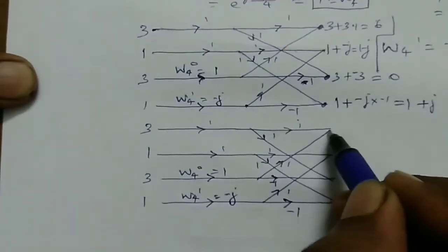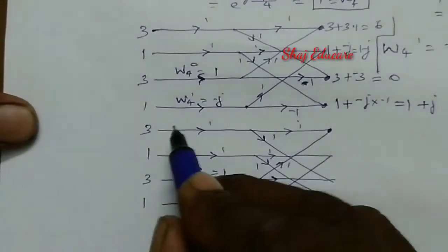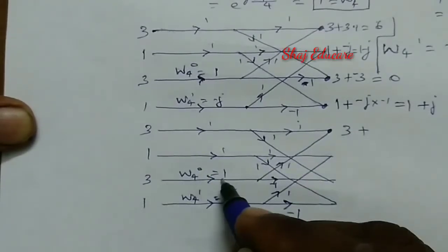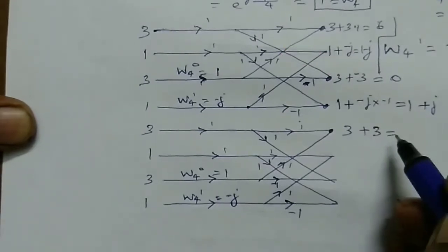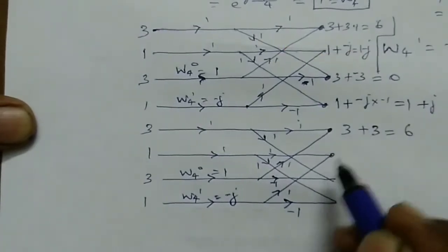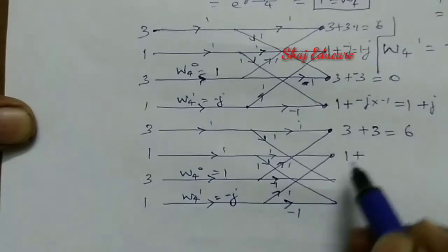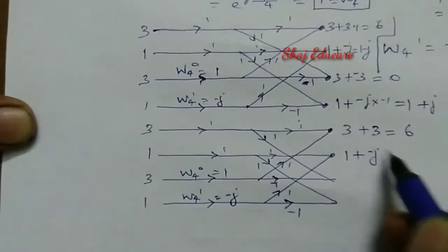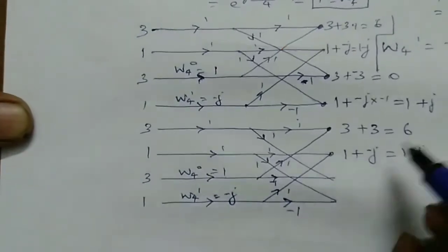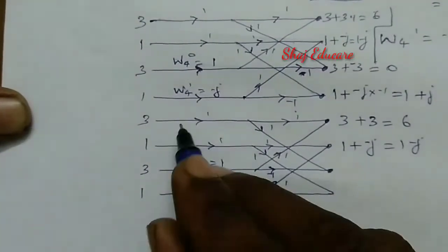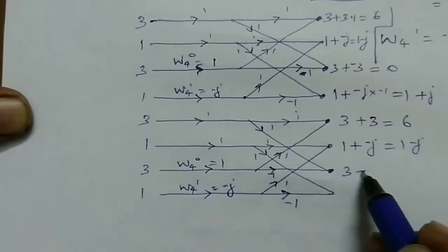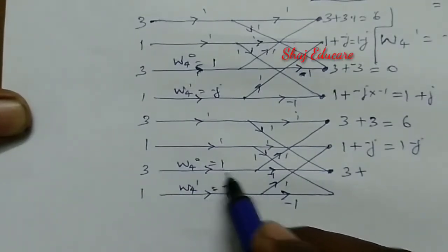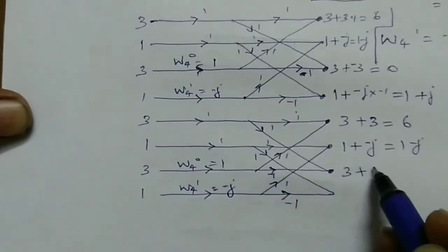Okay, right. And here we have 3 plus another connection coming from 3 into 1. That is 6. Here we have 1 plus 1 into minus j, that is equal to minus j, equal to 1 minus j. Now here we have 3 plus another connection from 3 into 1 into minus 1 here.